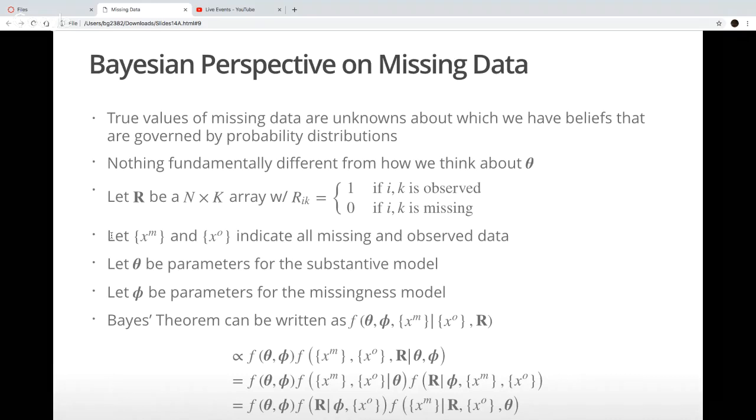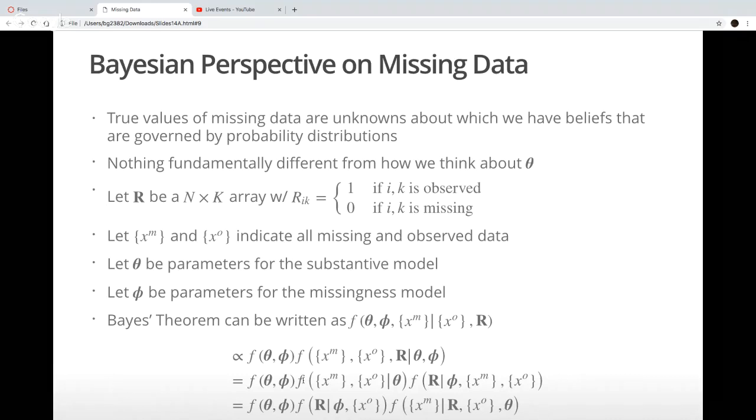More common is to write it in the third line here: prior on the parameters, conditional distribution of R given phi and the observed values of the data, and then times the conditional distribution of the missing values given R, the observed values, and theta.